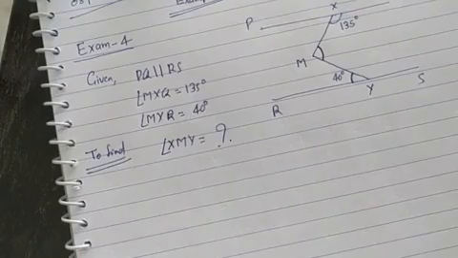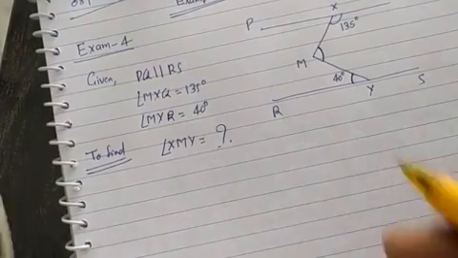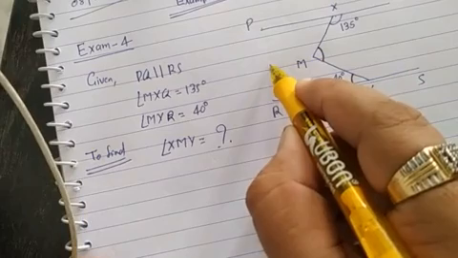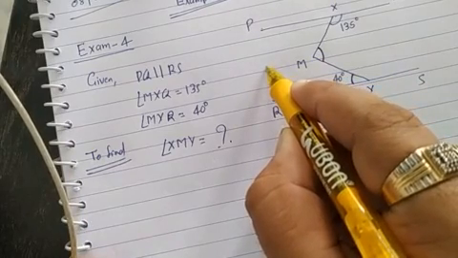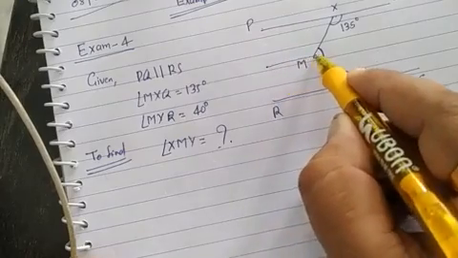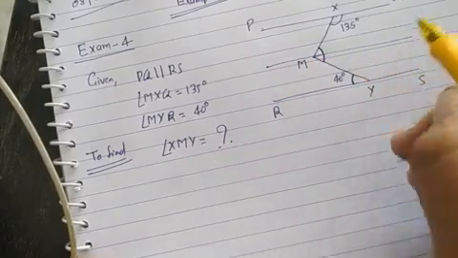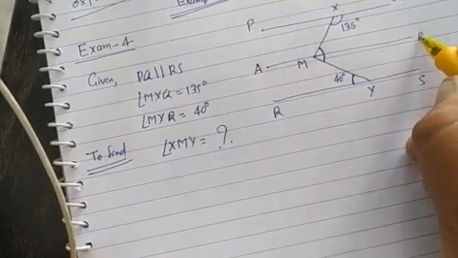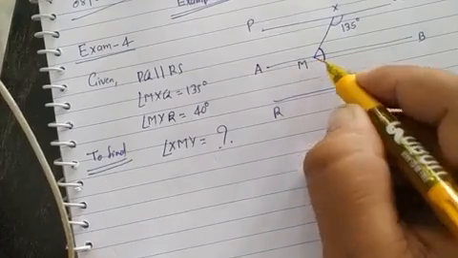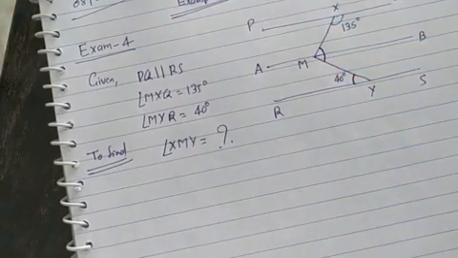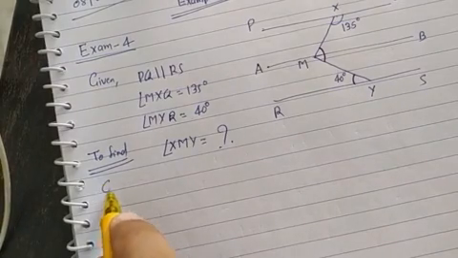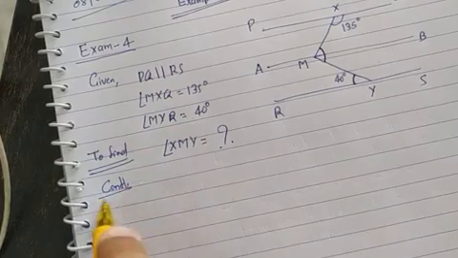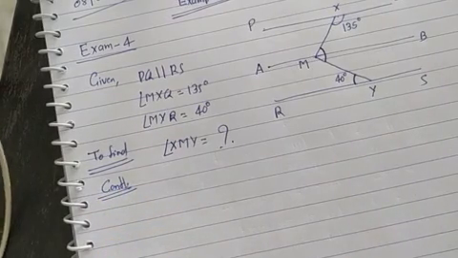Okay, for this we have to make a construction. We have to draw a line AB from the point M, which is parallel to PQ as well as parallel to RS. This is the construction of this question, and this is a very important part of the question.